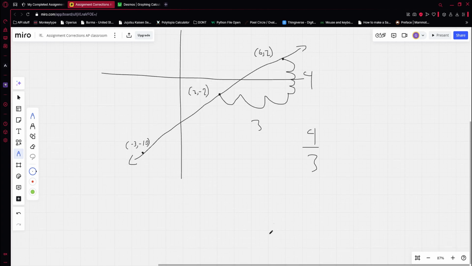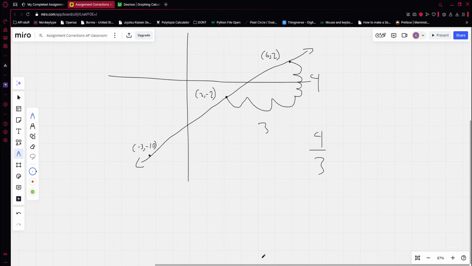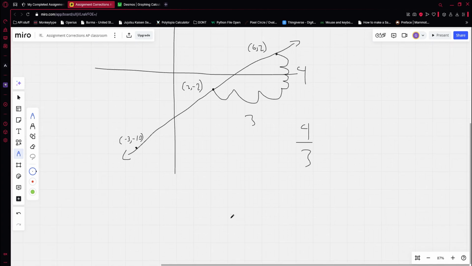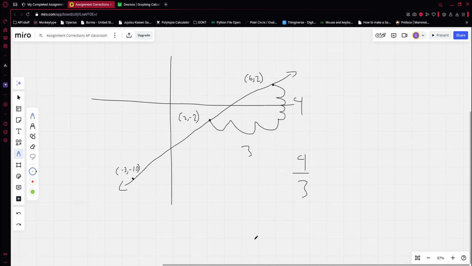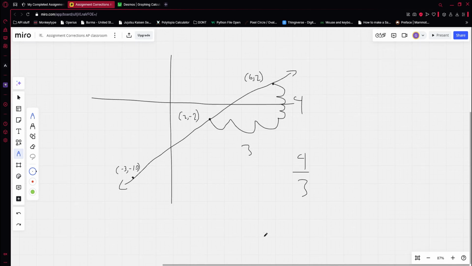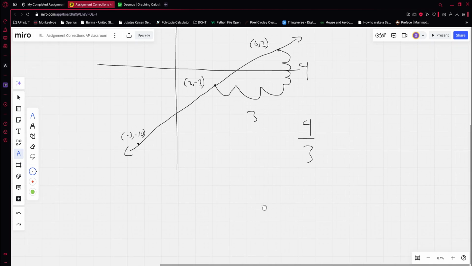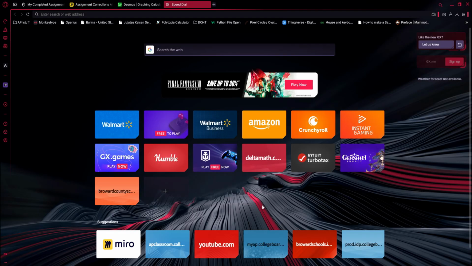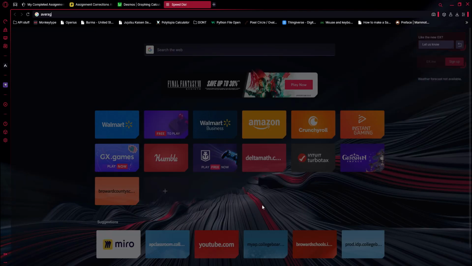That's it. All you have to do. Another way you could do it is using an equation. You could do 3 minus 6 over -2 minus 2. You can also do this using the average rate of change equation.